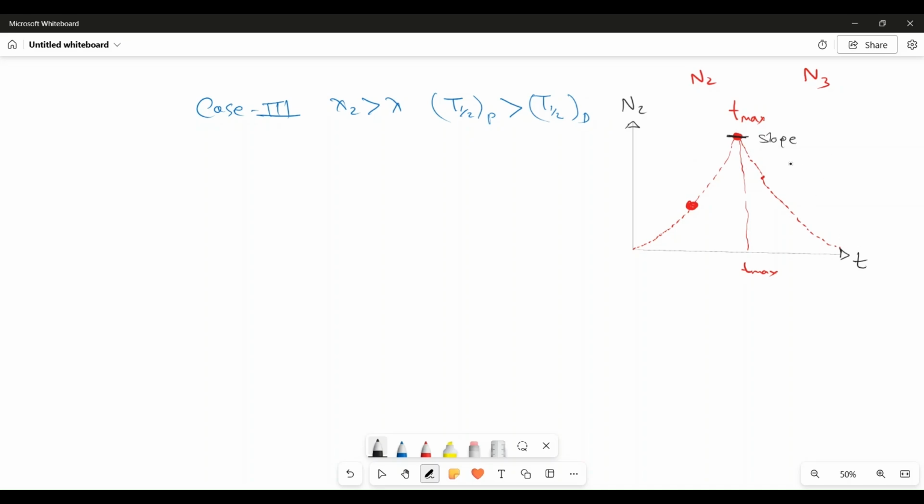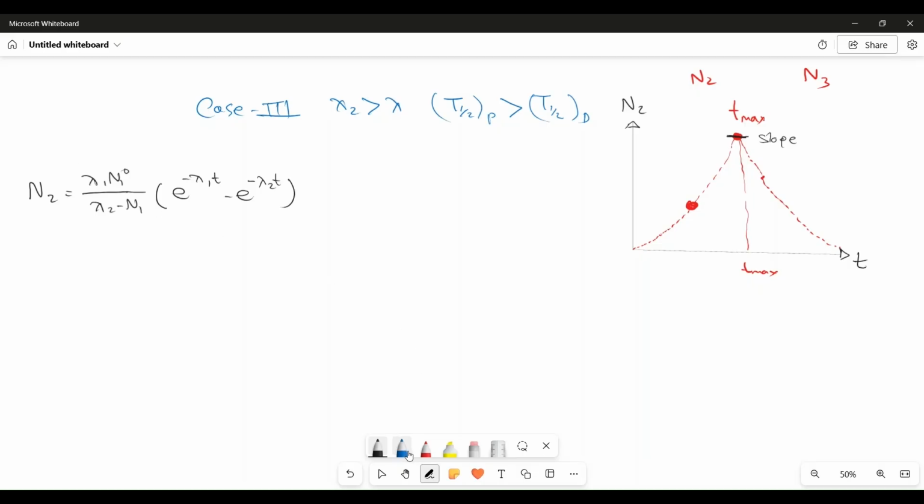Okay, so we have the equation for N2 that we got: λ1 over λ2 minus λ1, times N1 naught, times e to the power minus λ1t minus e to the power minus λ2t.